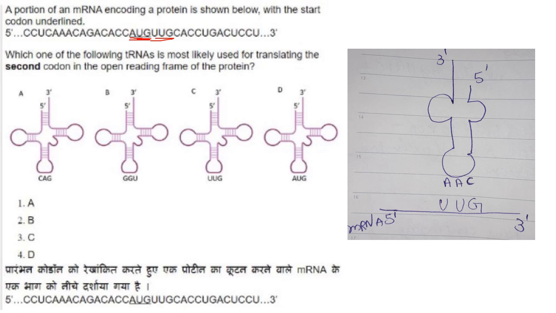Then the next one. A portion of the M13 mRNA encoding a protein is shown below with the start codon underlined. So AUG, here it is. This is the start codon. Which one of the following tRNAs is most likely used for translating the second codon in the open reading frame of the protein? So the second codon is UUG.